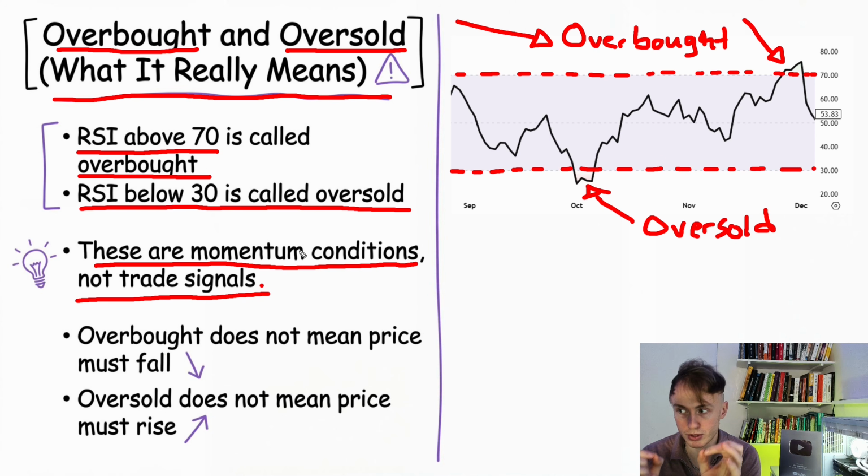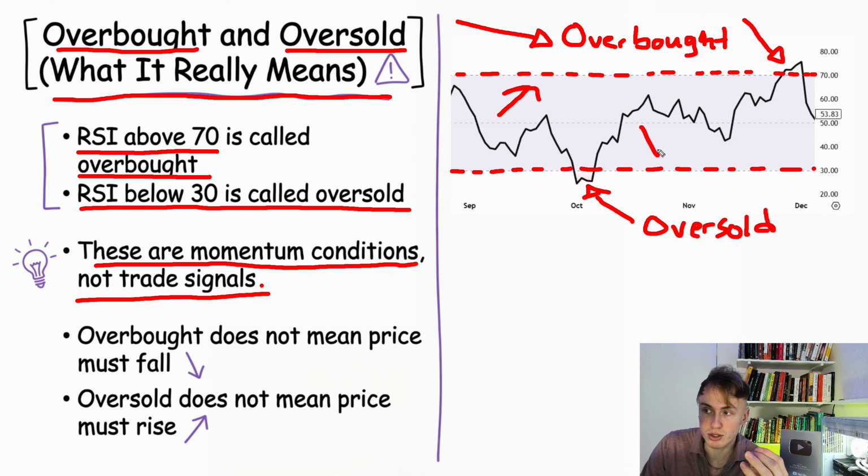Another important thing to consider is that in some cases, you might not even want to draw your overbought line at 70, and you might not even want to draw your oversold line at 30. You might actually want to change these conditions, and I will talk about how to do that later on.